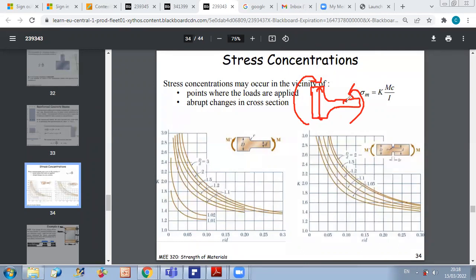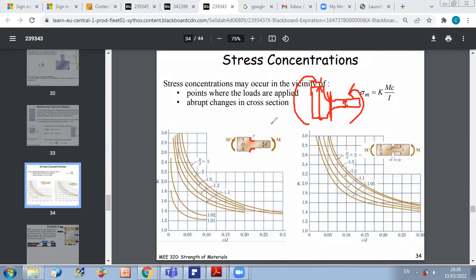So you can be sure that this part will be more stressed than the other part. And in particular, at this change, the value of the radius of the fillet will affect the stress concentration.